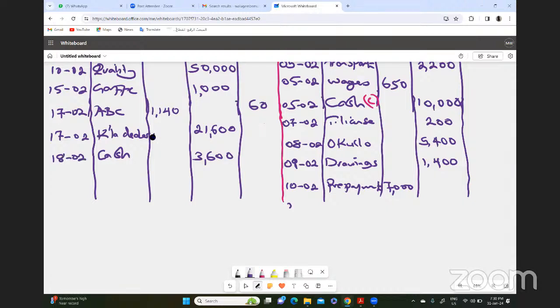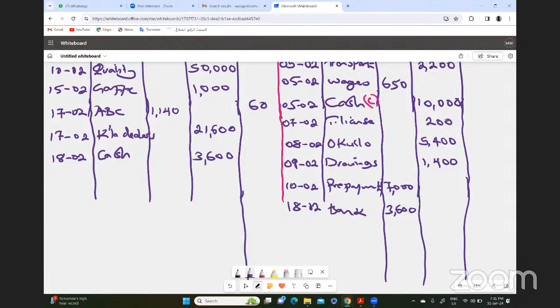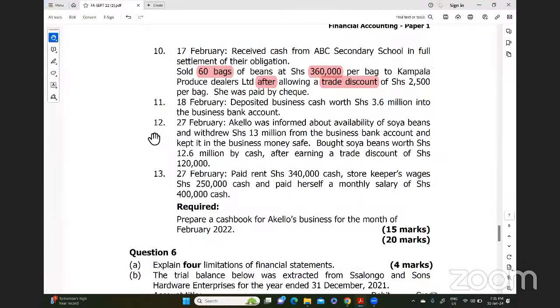And then on the same date, cash is losing some money. The bank. Okay. I think that is okay.